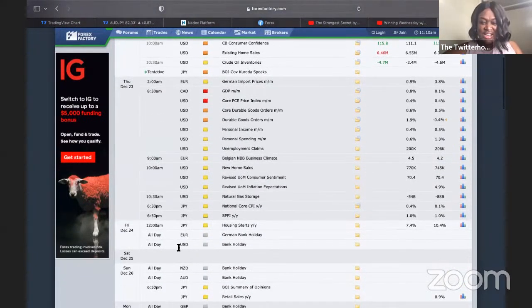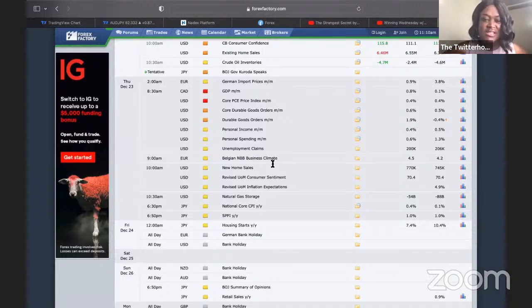And on Friday, it's going to be Christmas Eve, sorry, so there's the gray folder there as the banks will be closed. So really and truly, guys, a lot of traders are not trading right now. They take a break the week of Christmas, or these days leading up. It's Wednesday. So from now until up to New Year's, a lot of traders are not trading, right?